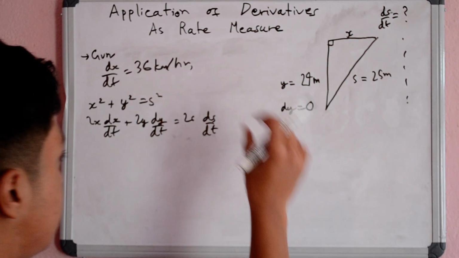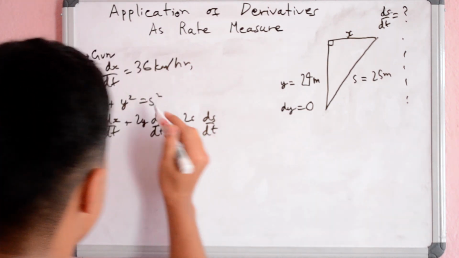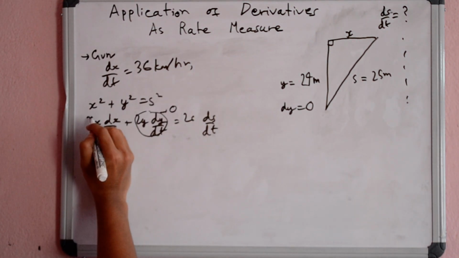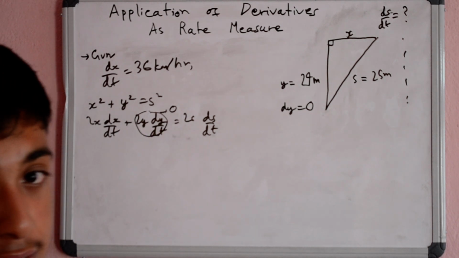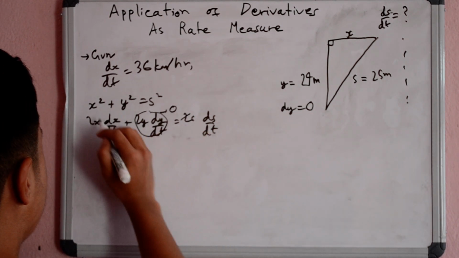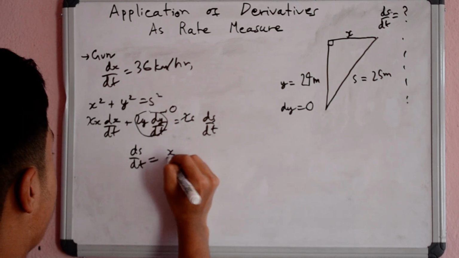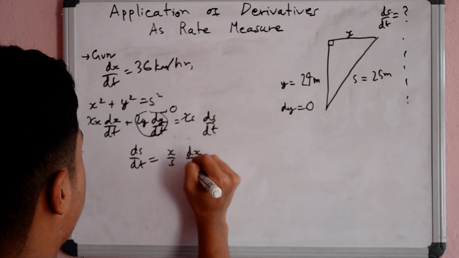That means the height doesn't change, so dy equals 0, and this whole thing is equal to 0. So we'll have 2x dx by dt equals 2s ds by dt. We can cancel the 2's and we have to find ds by dt, so it is x by s dx by dt.